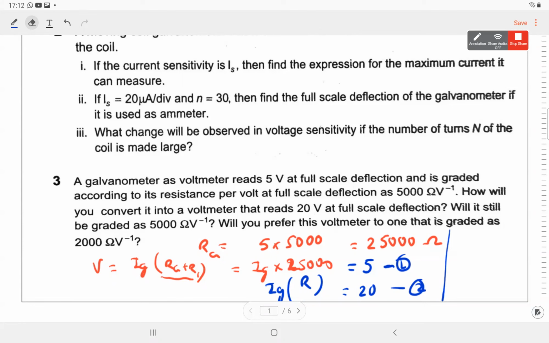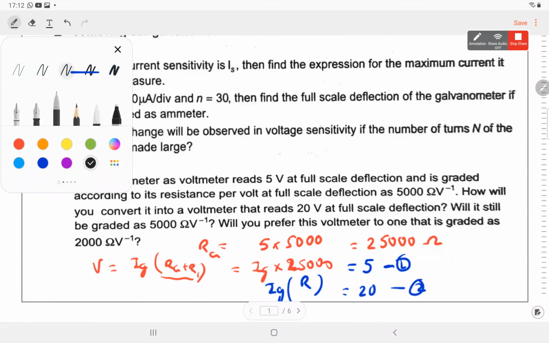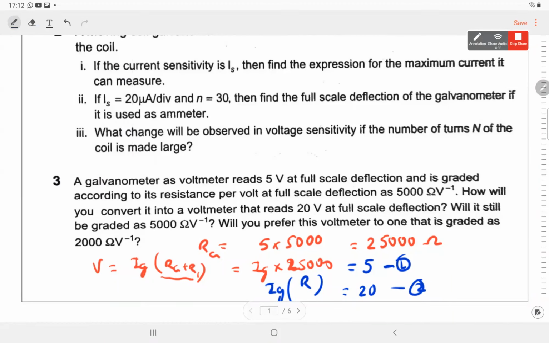Divide equation 2 by equation 1. R divided by 25,000 is equal to 4. And how much was it already?